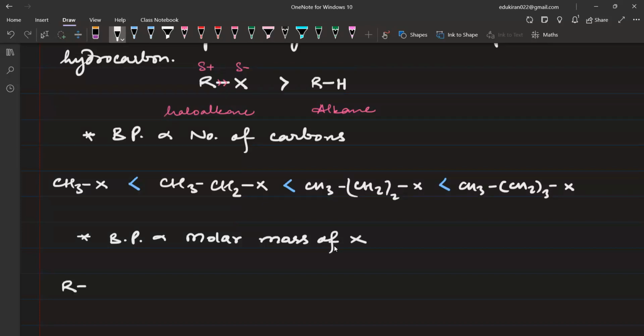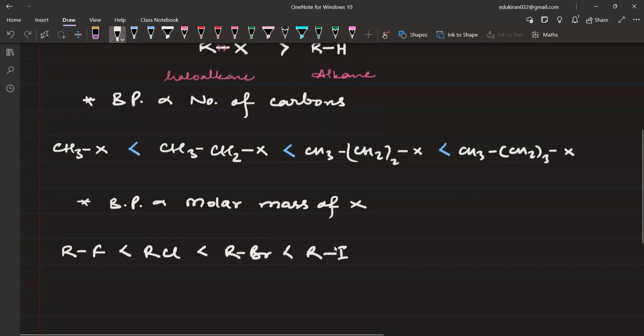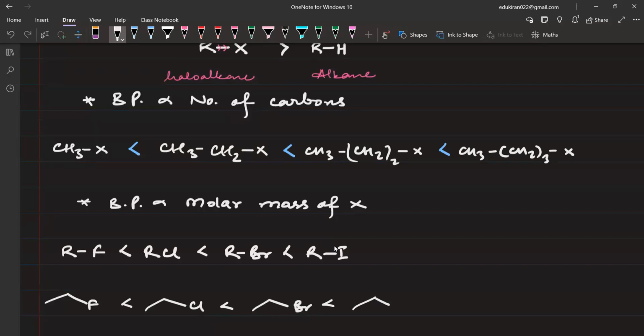So if I compare RF, RCl, RBr, and RI, then alkyl iodide is having more boiling point than alkyl bromide, and then chloride, and then fluoride. Example would be something like this. Fluoroethane will be having lower boiling point than chloroethane, which will be having lower boiling point than bromoethane, which will be having lower boiling point than iodoethane.